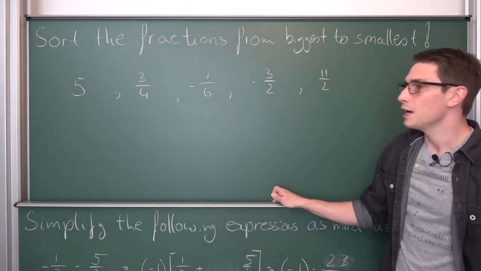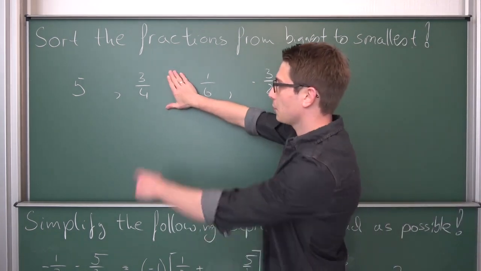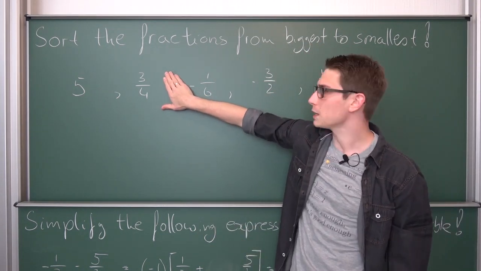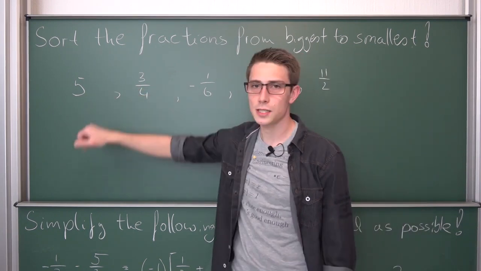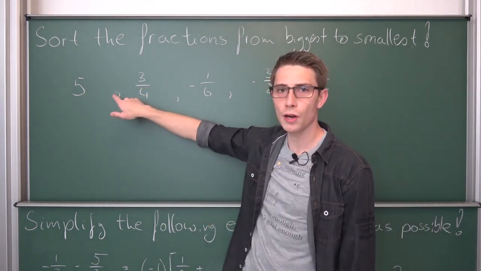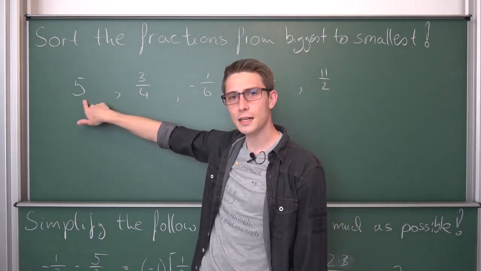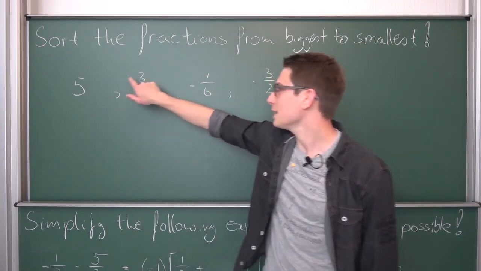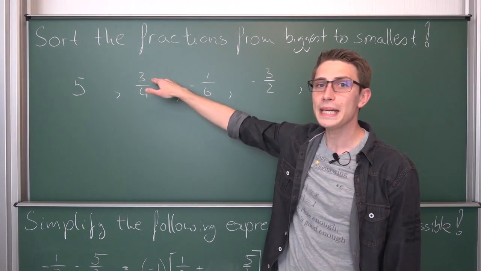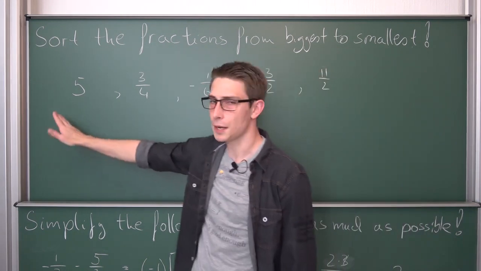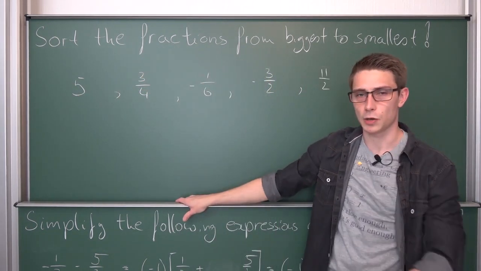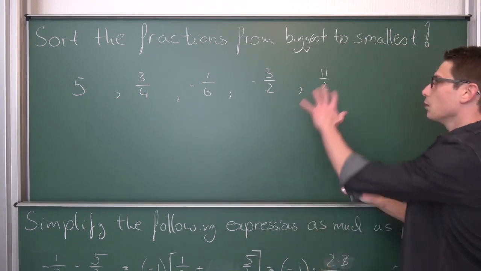So if we want to compare, for example, 5 and 3 over 4, which is bigger, which is smaller, then what we did is we multiplied both sides of the inequality by 4, giving us 20. 5 times 4 is 20. And then a 3 on this side. 20 is obviously greater than 3, meaning overall, 5 is also greater than 3 over 4. That was the strategy, and we are going to do this with all those numbers.